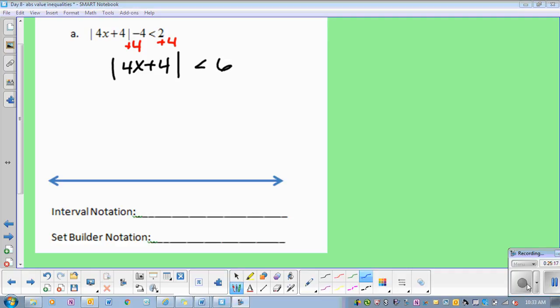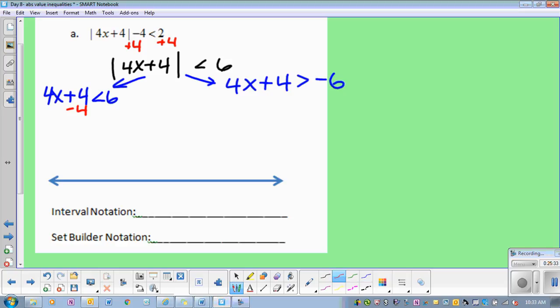So here I'm going to drop the bars and write it twice. So you should have 4x plus 4 is less than 6. 4x plus 4 is greater than negative 6. Yes? And then I need to solve for my x's, minus the 4.